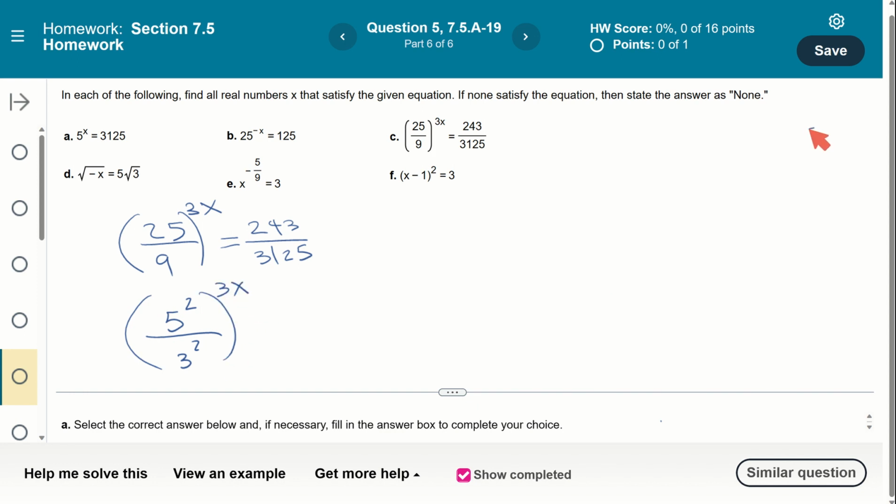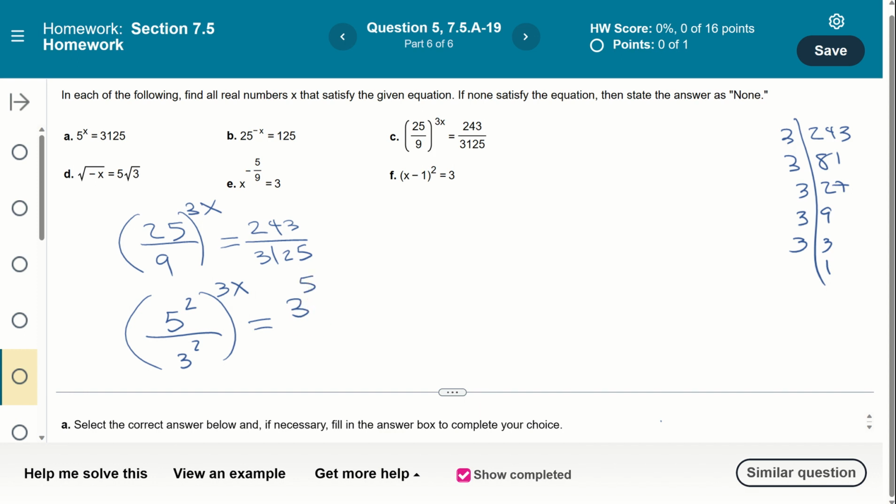Now for 243, 3 goes into it 81 times, 3 goes into 81 27 times, 3 goes into 27 9 times, 3 goes into 9 3 times, and 3 goes into 3 once. So it's 3 to the power of 1, 2, 3, 4, 5, okay? So I can think of this as 3 to the 5.